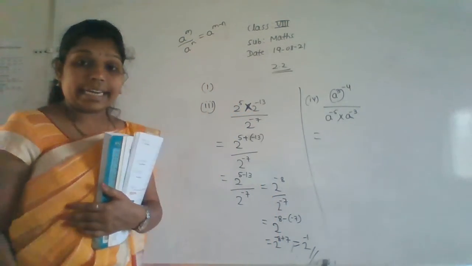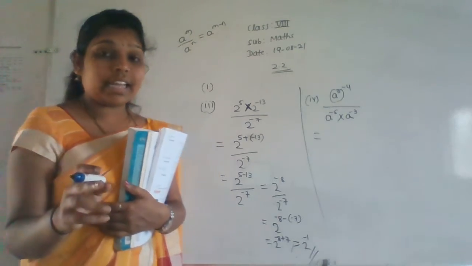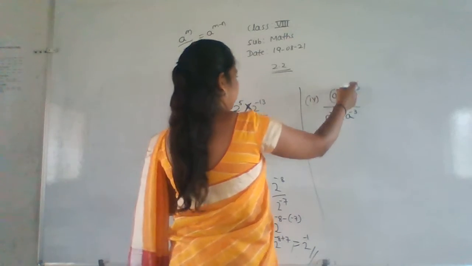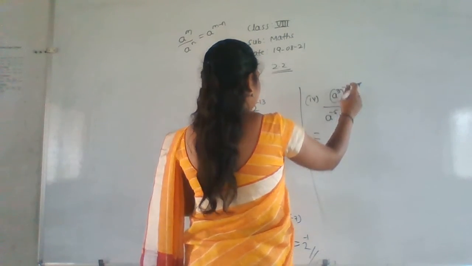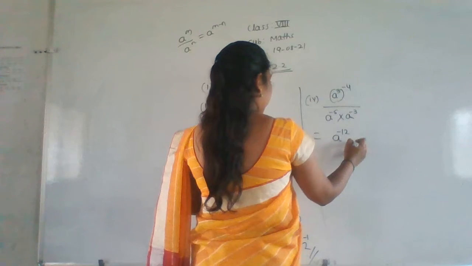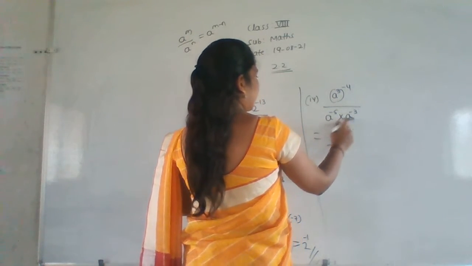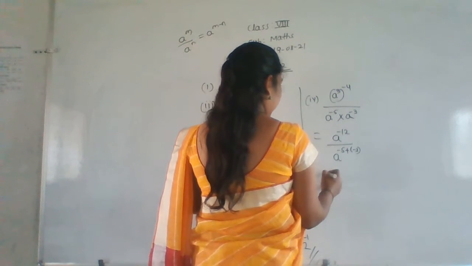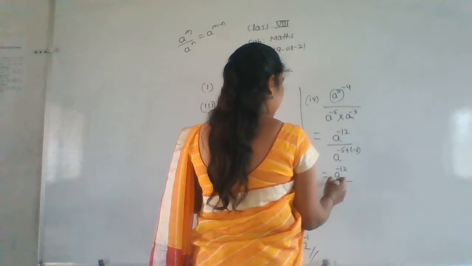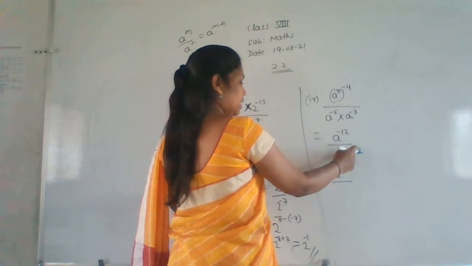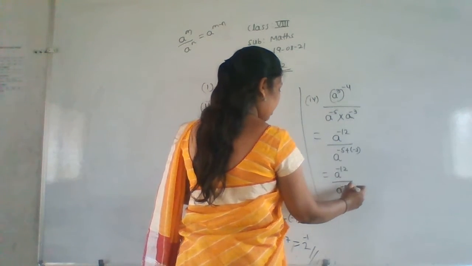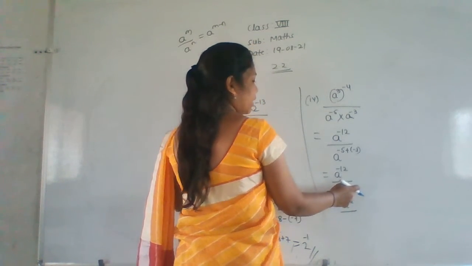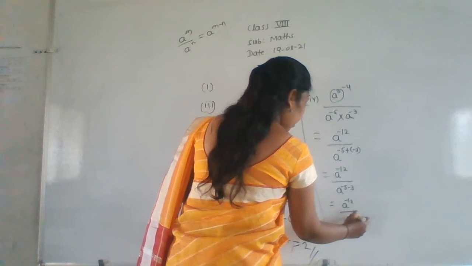It is nothing but a to the power m whole to the power n, then a to the power m into n. Multiply those two powers. That is 3 into minus 4 is minus 12. In the denominator, multiplication is there, so we need to add the powers: minus 5 plus of minus 3, that is a to the power minus 5 minus 3, which is a to the power minus 8.